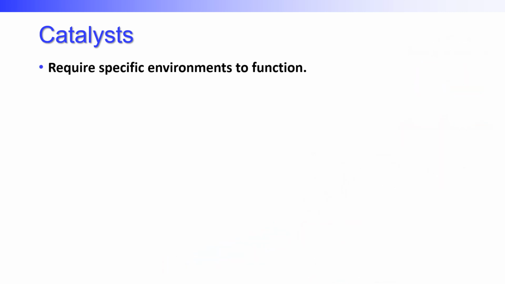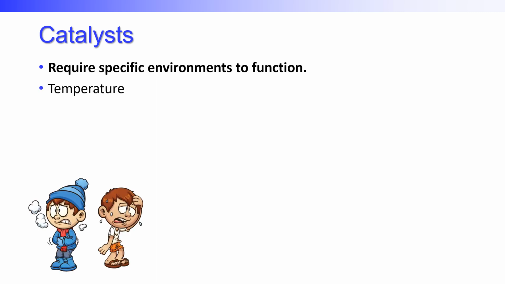Now, like any chemical reaction, catalysts are going to require a specific environment in order to function, and things that can influence the functionality of enzymes include temperature. Having body temperature maintained within a particular range is important, not only to preserve the integrity of tissues, because you start to damage tissues if you get too hot or too cold, but also to ensure that our chemical reactions are working just right.